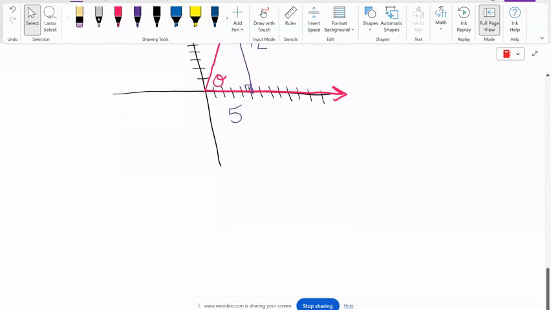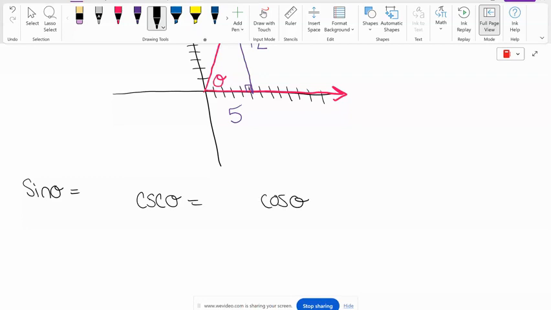So now that I have all 3 parts of the triangle labeled, now I can go and find all the 6 trig functions. So I want sine of theta, cosecant of theta, CSC, I could actually write it. We want cosine of theta.